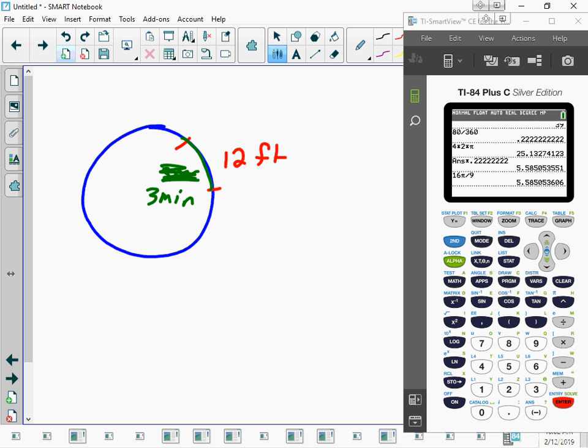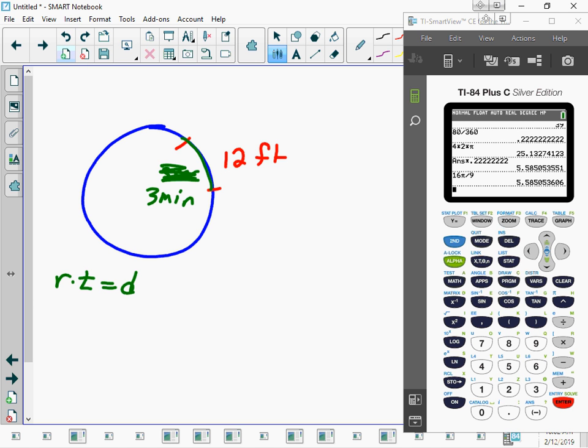We don't, right? This 12 feet might be almost the entire circle, or maybe it's a tiny part of a huge circle, and theoretically, it could even be multiple laps around a very small circle. So if this point travels 12 feet in 3 minutes, how fast is it moving? Well, rate times time equals distance.